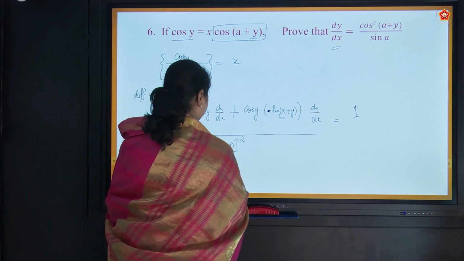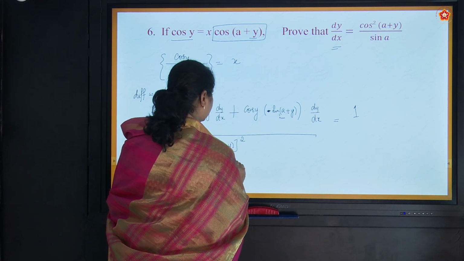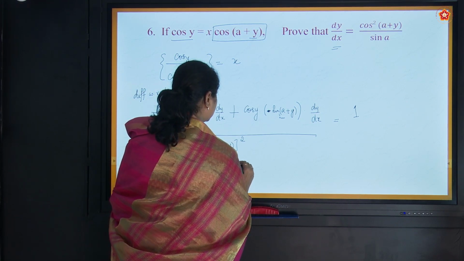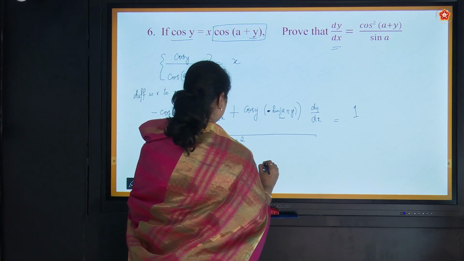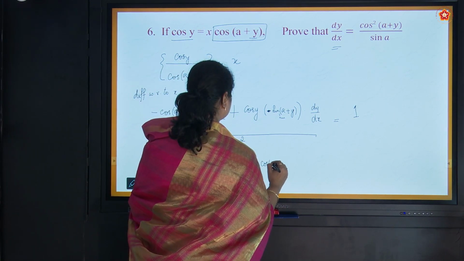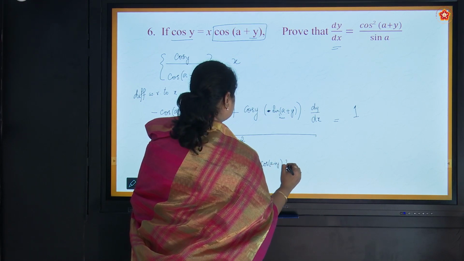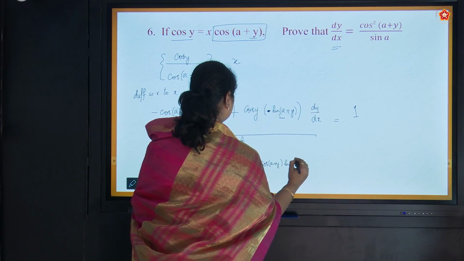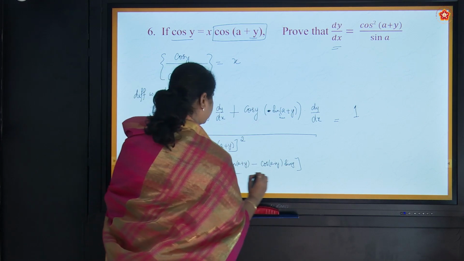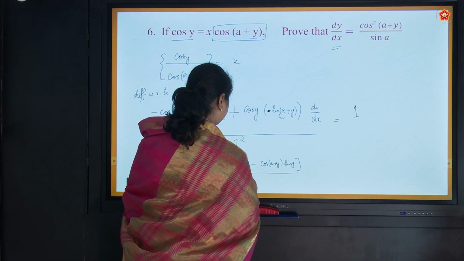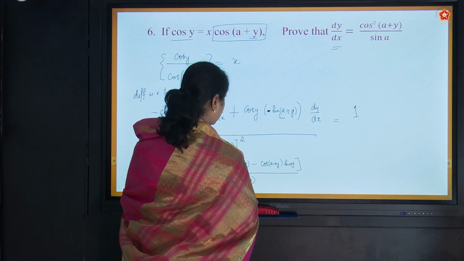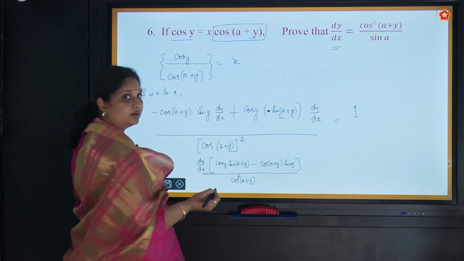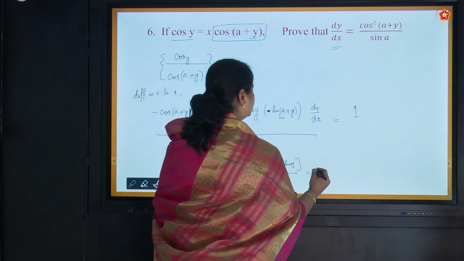I'll put the positive term first: cos y sin of (a plus y) minus cos of (a plus y) into sin y, divided by cos of (a plus y) the whole square, or I can write it as cos square (a plus y) also. This is equal to 1.